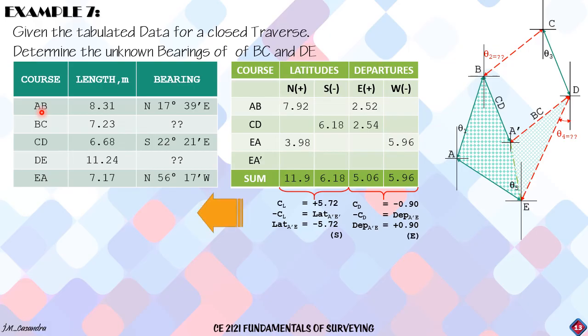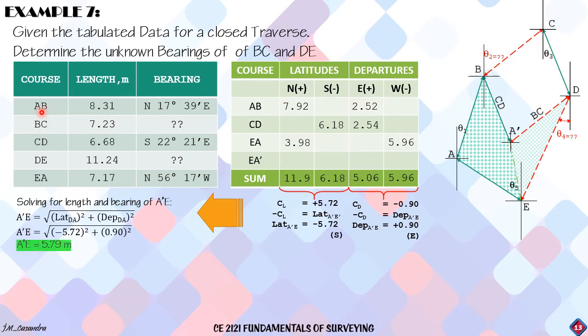So from here we can now solve for the length and the bearing of the closing line A prime E. So the length is 5.79 and the bearing is south 8 degrees 57 minutes east.